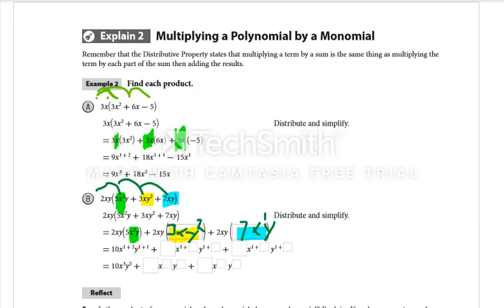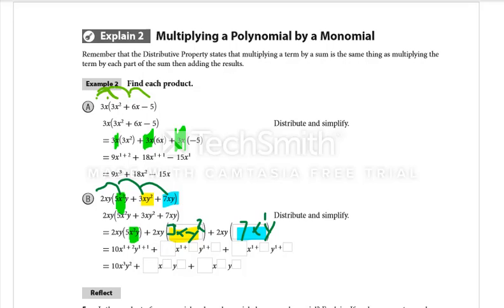So multiply each piece through and add the exponents of the like bases. So this one will have 2 times 3. That should be a 6. And some of this is going to be a little hard to do with this pen. I'll just write it off to the side.